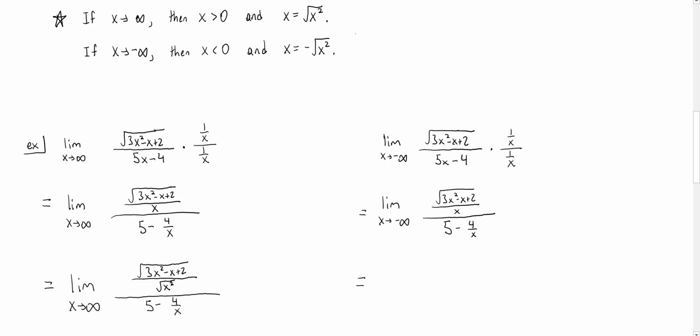I'm going to do the same thing over here as well. However, since x is approaching negative infinity, I'm going to replace x with minus square root x squared instead.